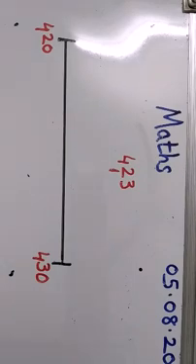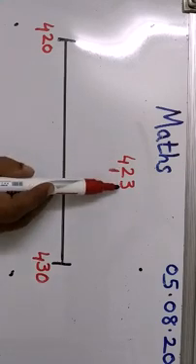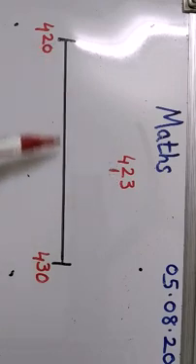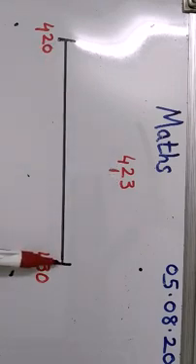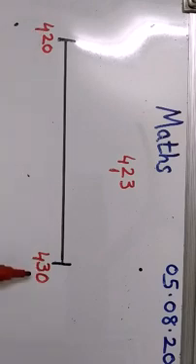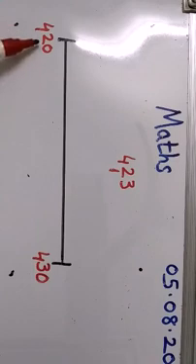Children, I am repeating again. Please pay attention. We are doing 3-digit numbers rounding to the nearest 10. First I draw a number line. Now I need two benchmarks, my lower end and my higher end. My lower end is 420. How did I get 420, or 42 tens?